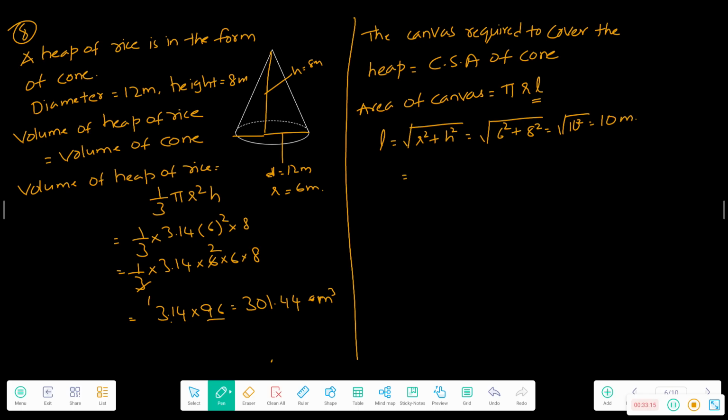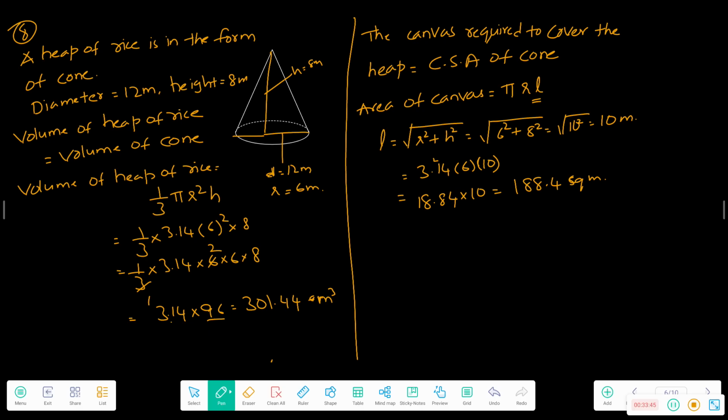Now substitute in this, that is pi value is 3.14, r value is 6, into 10. So 6 into 4, 6 4s are 24, 4 2 carry, 6 1s are 6, 7 8, and 3 6s are 18, 18.84 into 10, it is equal to 188.4 meter square or square meter.